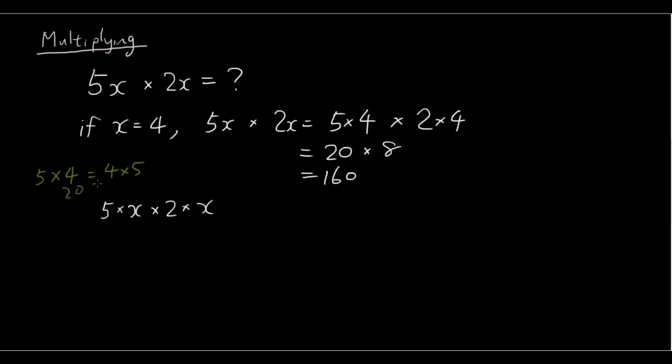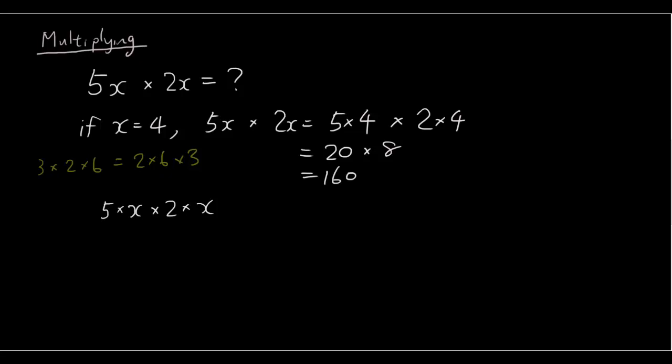They're both 20. You can try it with any number. If you reverse the order, 3 times 2 times 6 gives you the same as 2 times 6 times 3. So the order doesn't matter when you're multiplying.